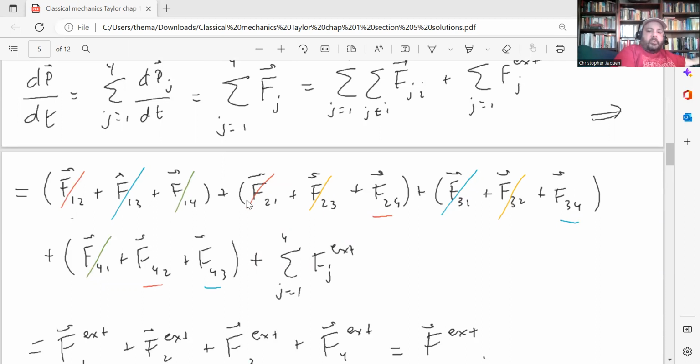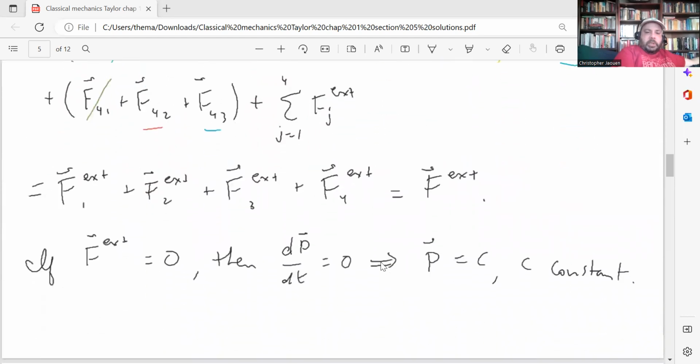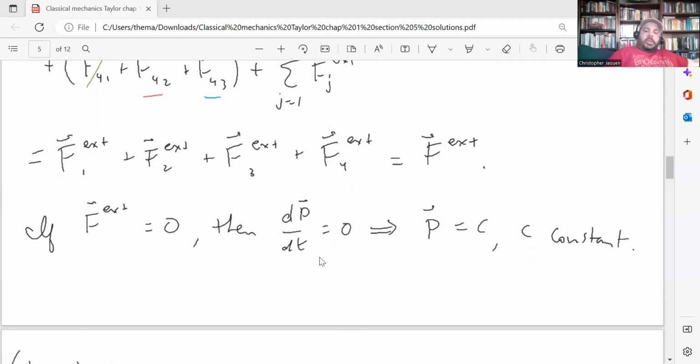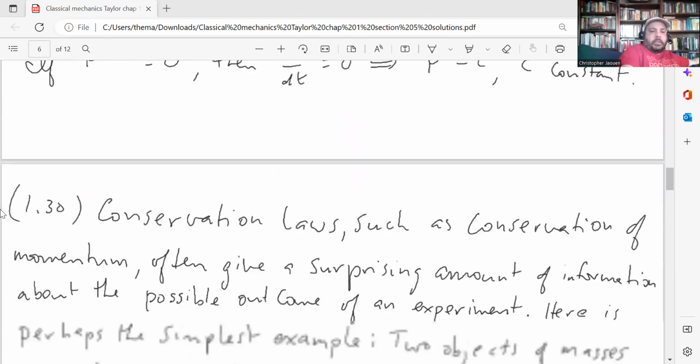F12 cancels with F21, F13 cancels with F31, F14 cancels with F41 down here, F24 cancels with F42, and F34 cancels with F43, and you're left with just the sum of the 4 external forces. And of course, if that's 0, then the time rate of change of the total momentum is 0. Again, that implies that the total momentum is constant. So that's 128, 129.